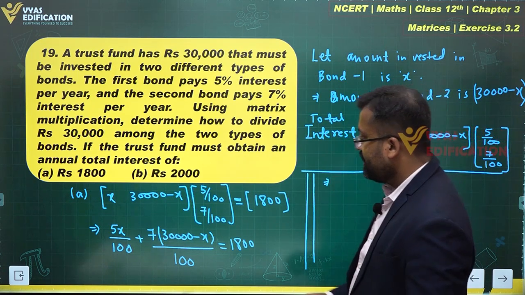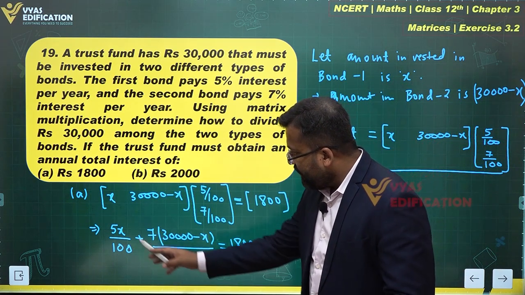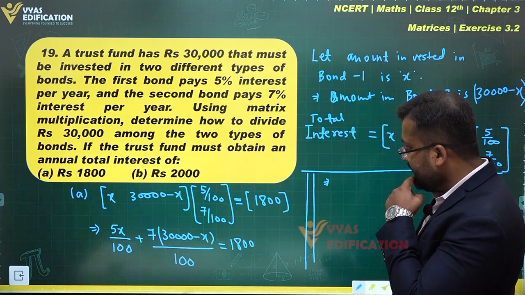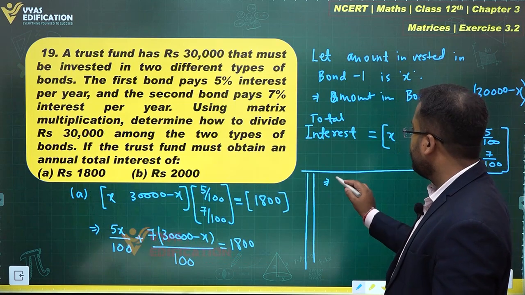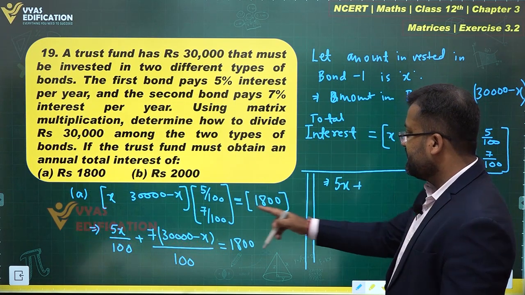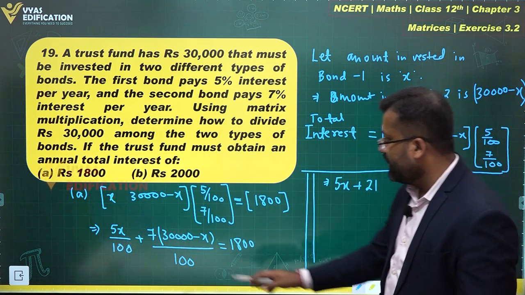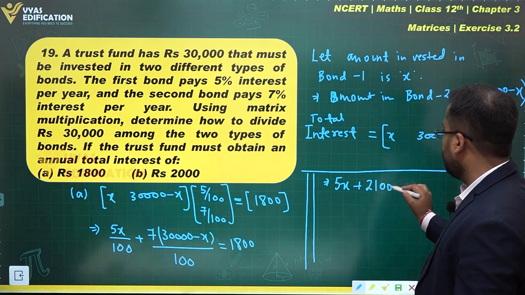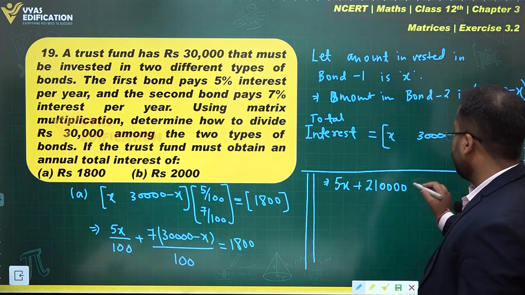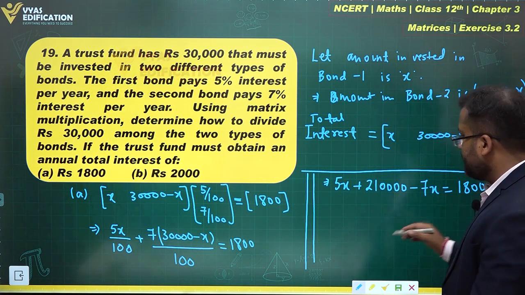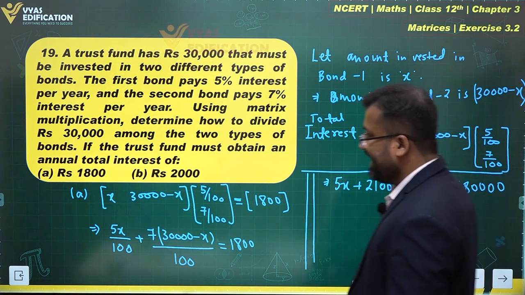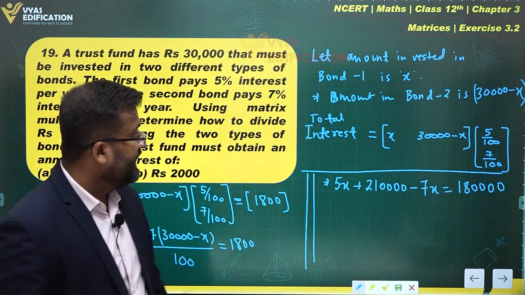This implies what you get over here is 5x upon 100, and 100. We can take this 100 from the LCM and bring it to the right hand side. We get 5x plus 7 times 3 is 21. There are 4 zeros, let's add 4 zeros over here. Then there is minus 7x, which is equal to 1800 times 100, which is 1,80,000.